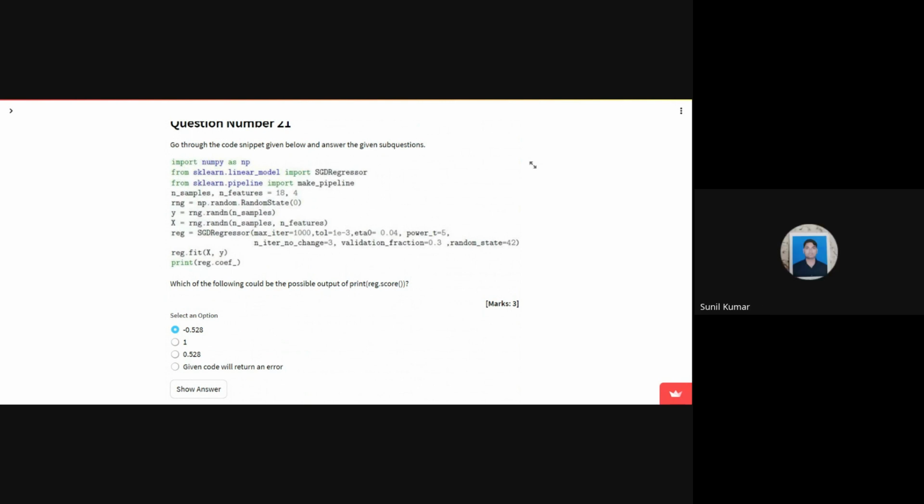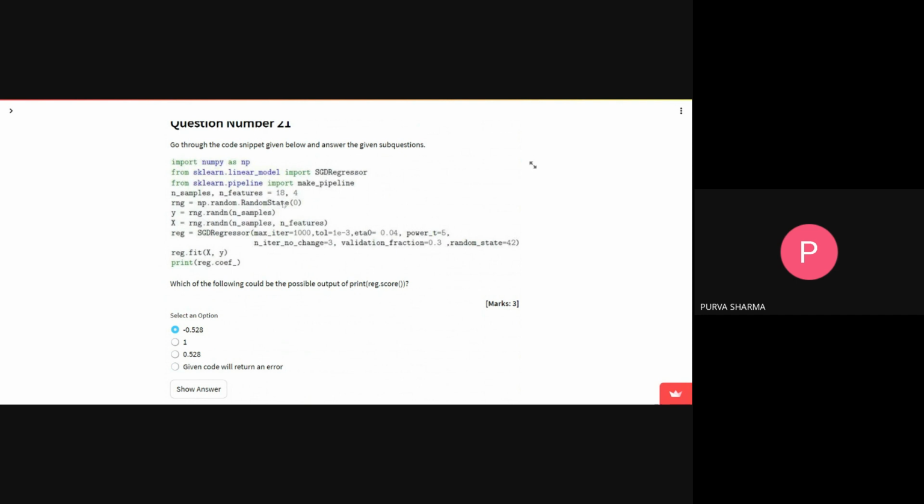Either first or third. Yeah, third, because coefficients cannot be negative. Okay, so let me tell you, the answer will be error. So the answer will be the 4th option.